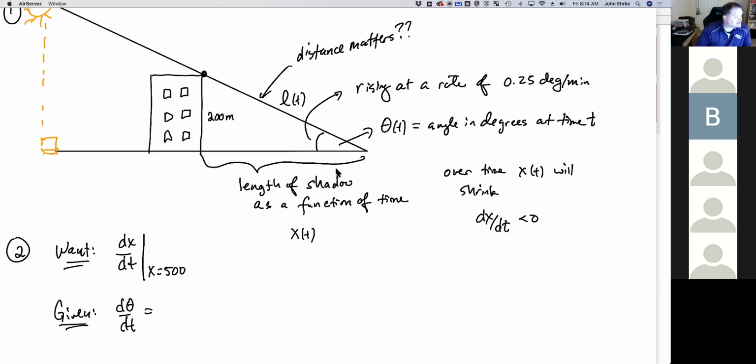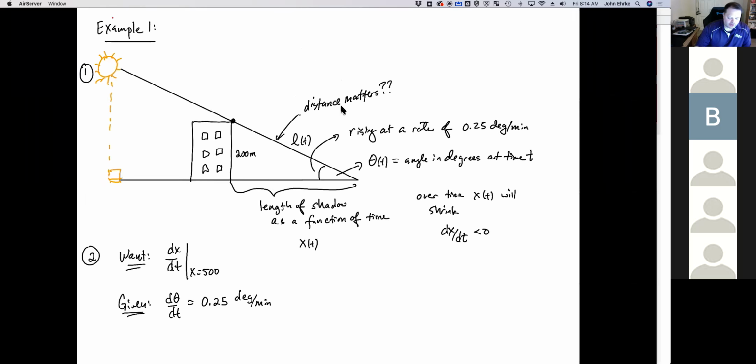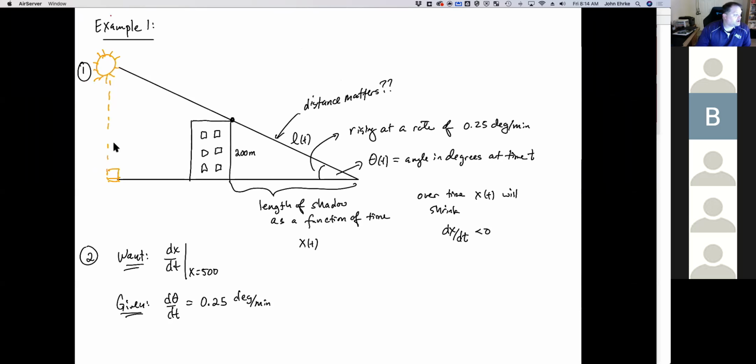As the sun rises, that angle gets bigger, therefore it's growing at a positive rate of 0.25 degrees per minute. So that's steps 1 and 2 on every one of these problems: draw a picture, list the rate that you want and the rate that's given.